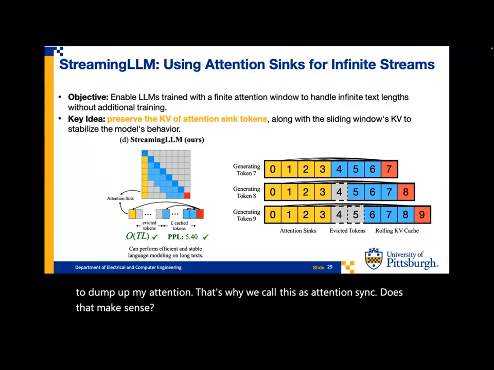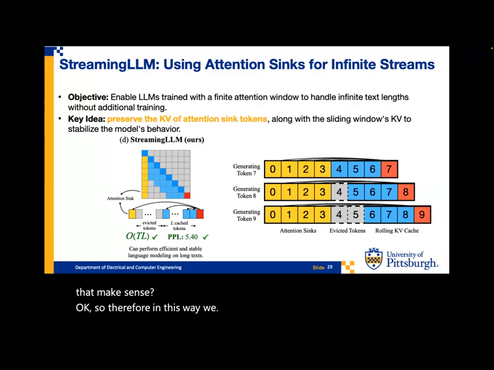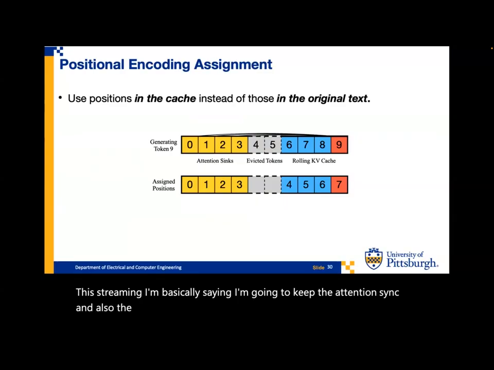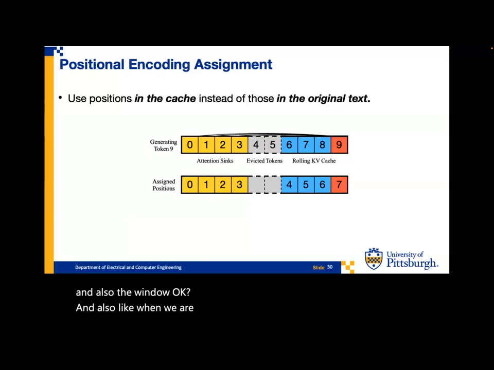Okay. So in this streaming approach, I'm basically saying I'm going to keep the attention sink and also the window. And when we are doing this streaming, one thing we need to pay attention to is the position encoding assignment.